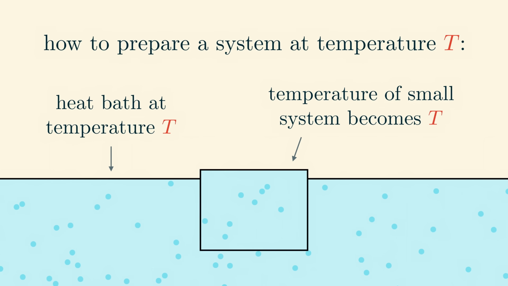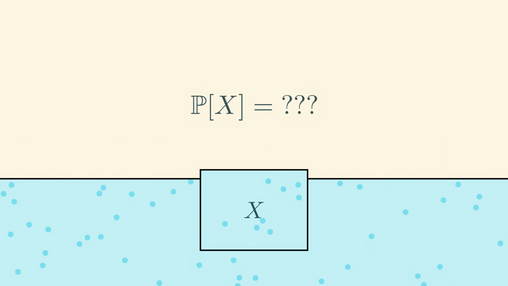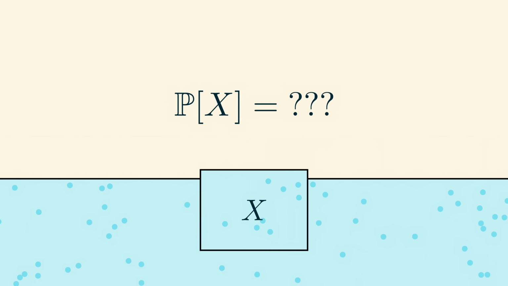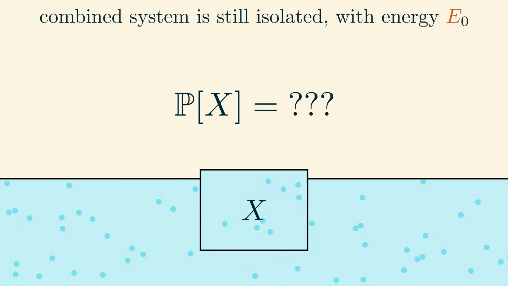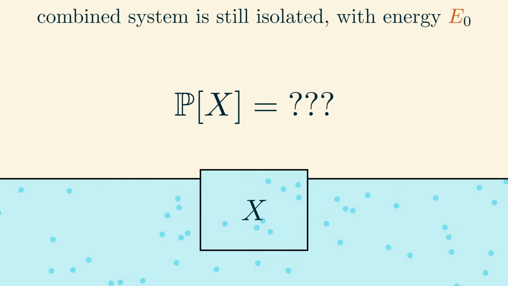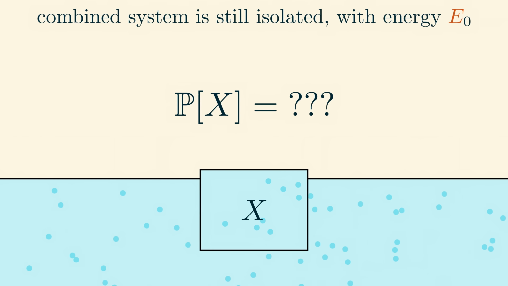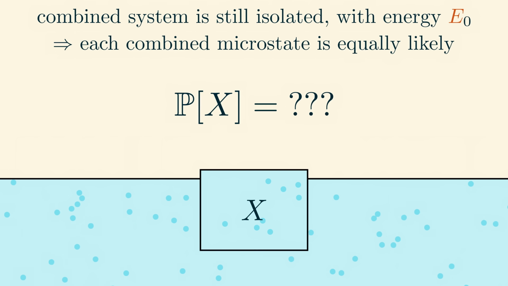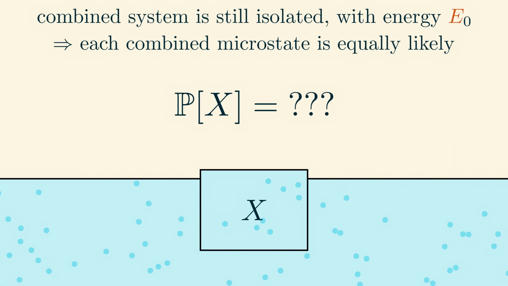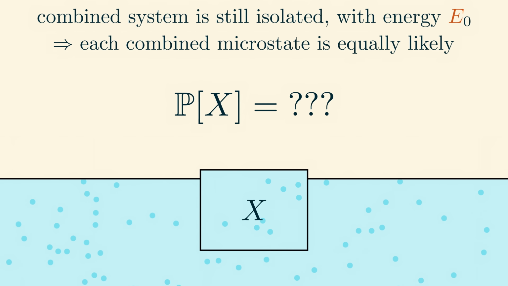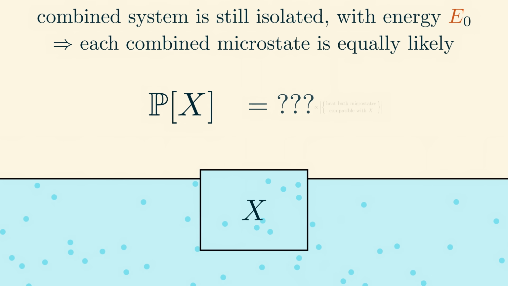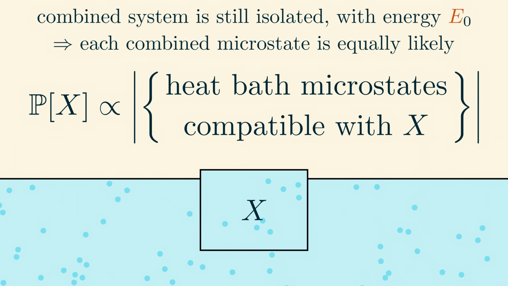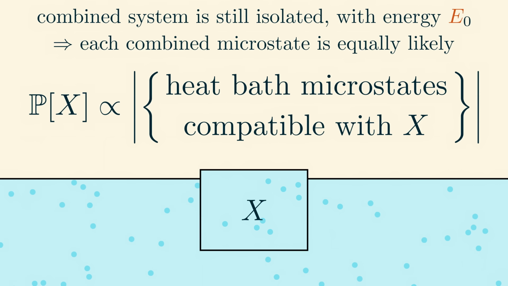Now we want to figure out the probability that we see a particular microstate, say x, when we just look at the little system. But again, the combined system of the heat bath plus the little system is isolated and has some fixed total energy, say E0. So each combined microstate is equally likely again. This means that the probability that we see a particular microstate x in the little system is proportional to the number of microstates of the heat bath that are compatible with x.